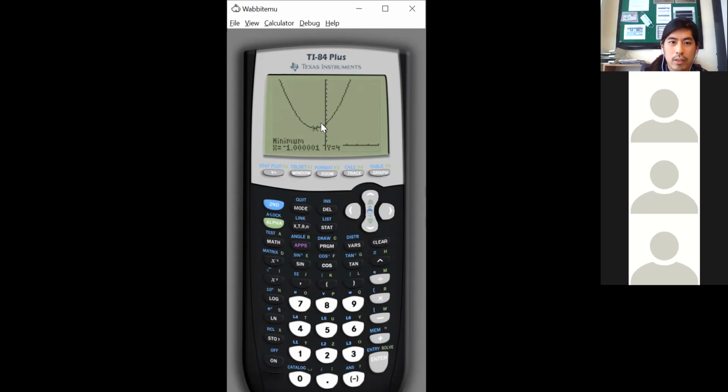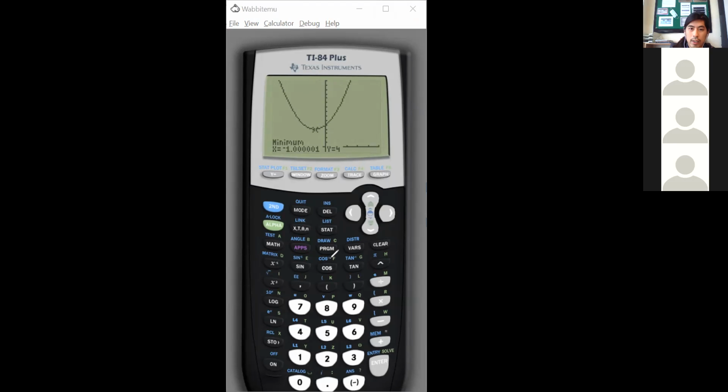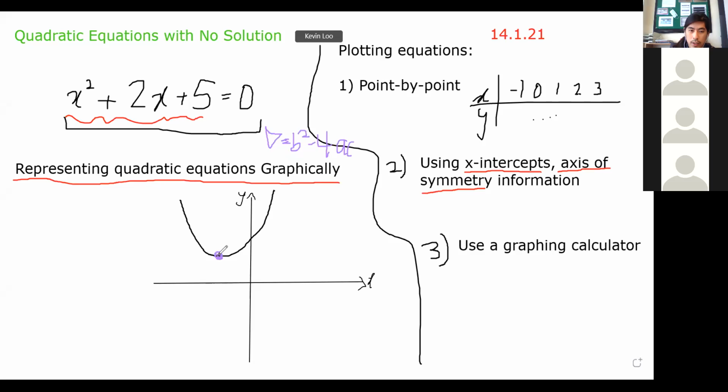So the minimum occurs, okay, that's a typo. Just go to -1 and 4. So that means, guys, if I draw this over here, this is the minimum, and it occurs at -1, 4. That's the minimum.